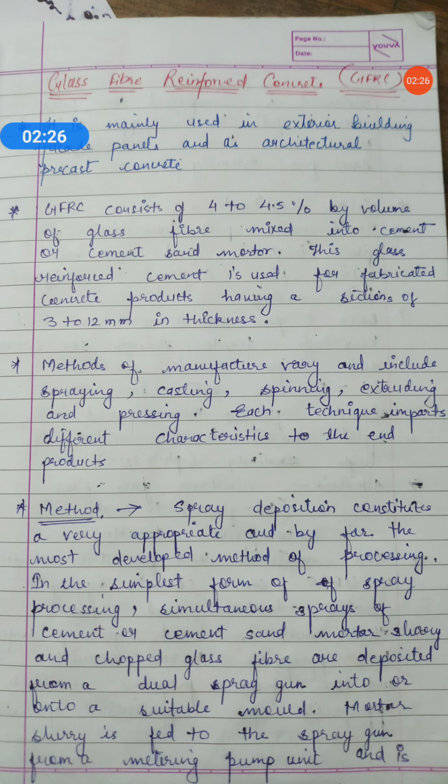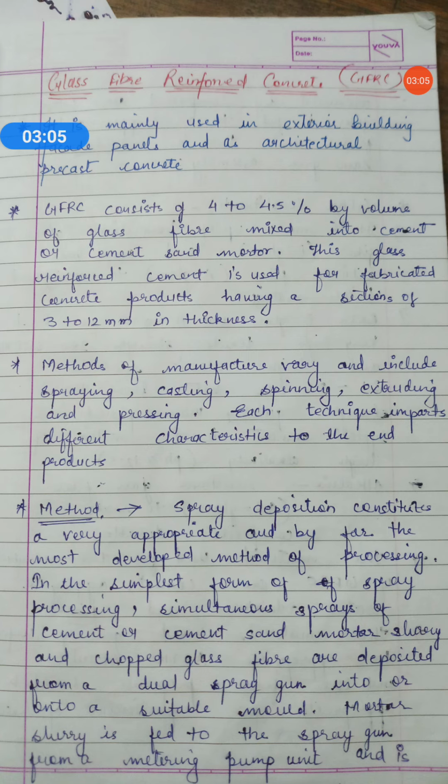In the simplest form of spray processing, simultaneous sprays of cement or cement sand mortar, either completely cement or a mixture of cement and sand, known as mortar slurry, and chopped glass fiber are deposited from a dual spray gun into or onto a suitable mold. One side has the cement sand slurry and the other the chopped glass fiber, and you add the sprays of both simultaneously.